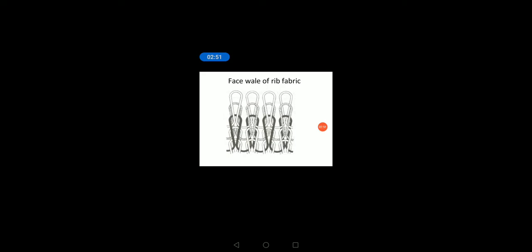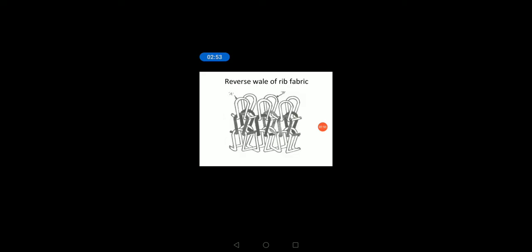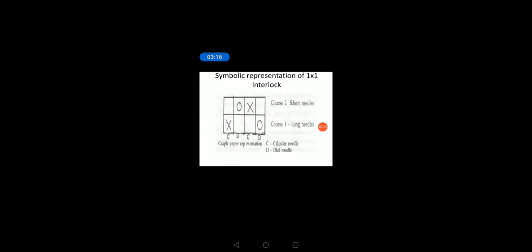Okay, and back reverse means the opposite direction of the face. First of all, we have taken the face side, and now it is the back side, face or back and face, and next to face, back, face and back, and now next to back, face, back, face. So in that way the reverse and formation of the wales is the symbolic representation of interlock.